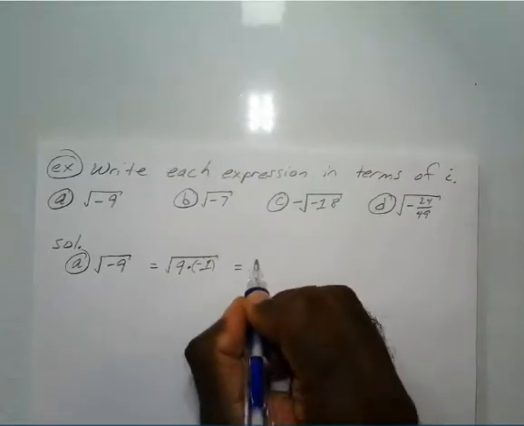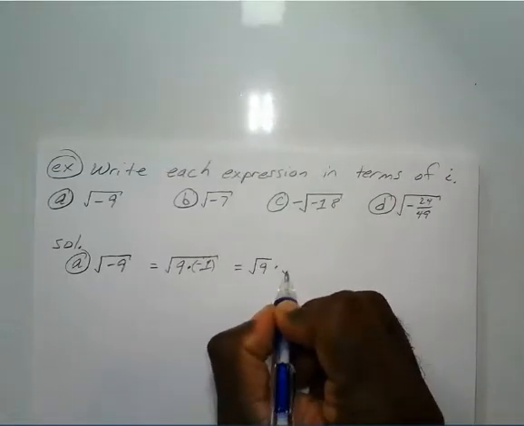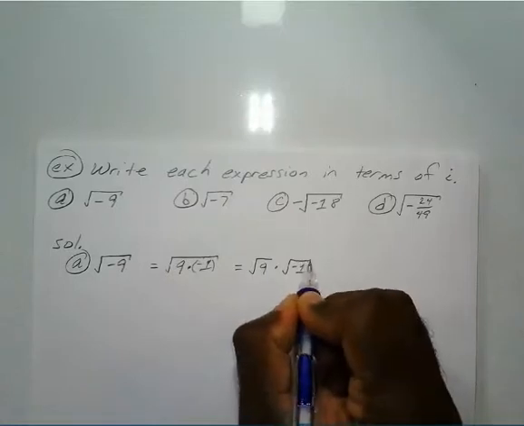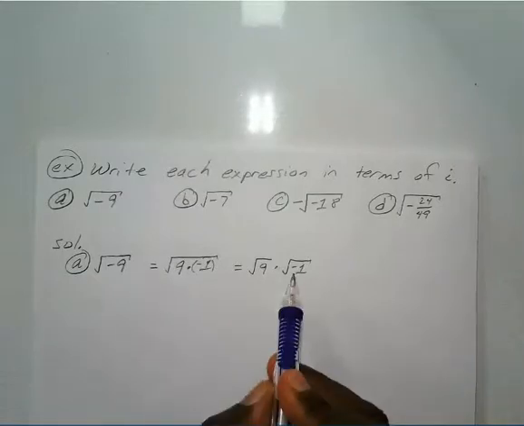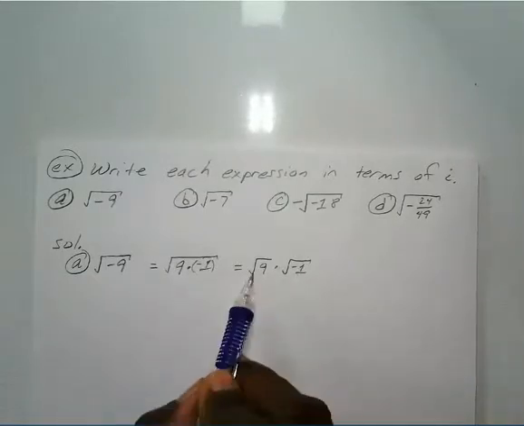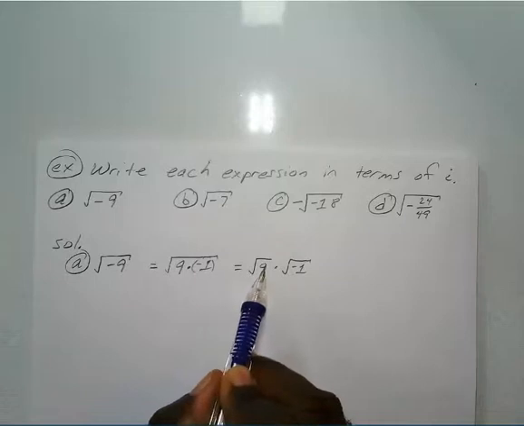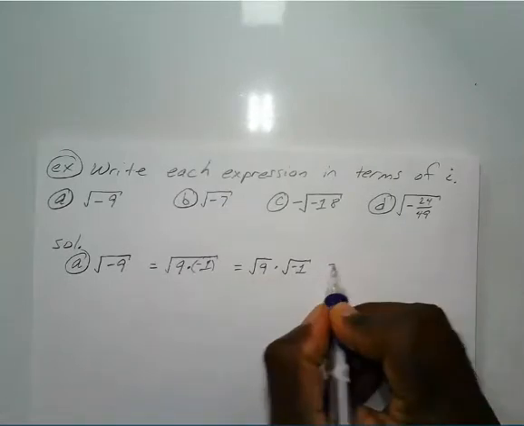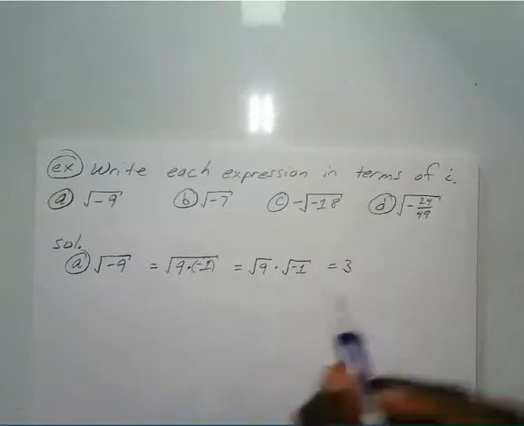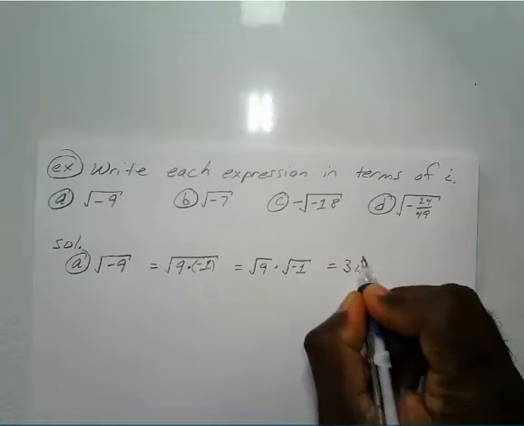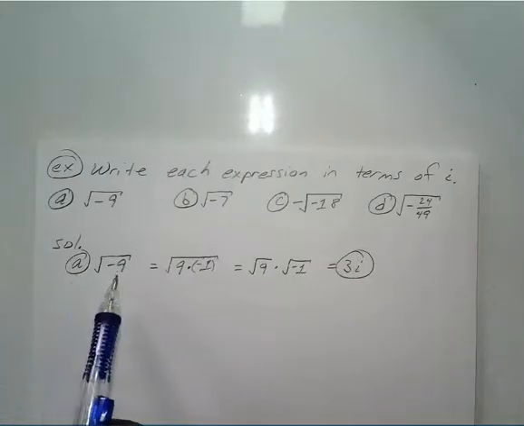That gives you the square root of 9 times the square root of -1. Remember, the square root of -1 is equal to i. The square root of 9 is positive or negative 3, but we're just going to use the positive. So the square root of 9 is equal to 3, and the square root of -1 is equal to i. So the square root of -9 is equal to 3i.